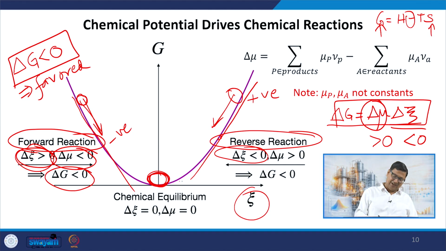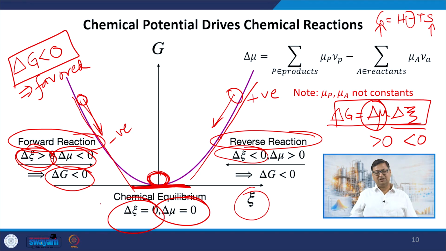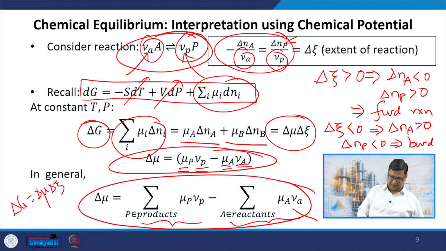And at that very point, the slope delta mu will go to 0 and this delta zeta will be equal to 0. That particular state is the state of chemical equilibrium. So chemical equilibrium is defined as a point where this chemical potential change, defined in this particular way, actually goes to 0.